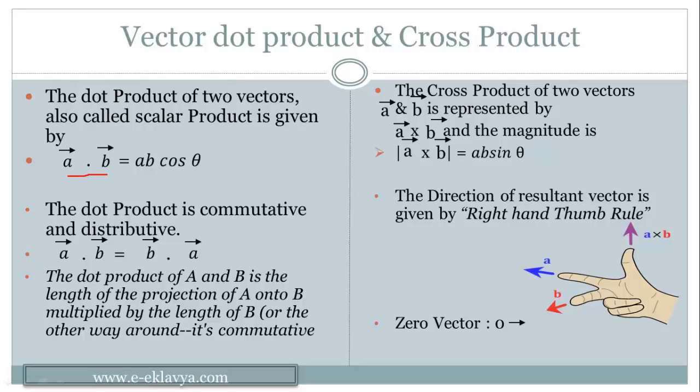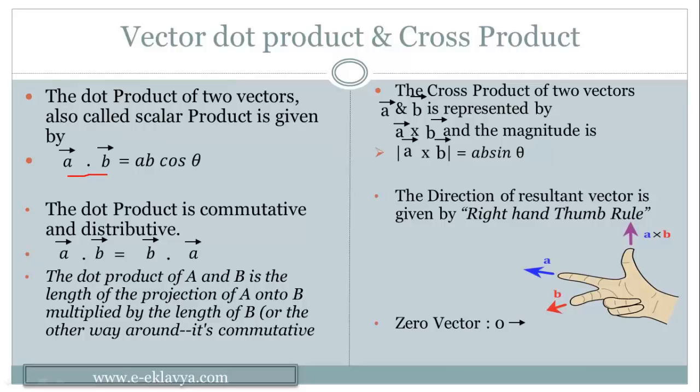Physically it may not be very clear to you right now, but the dot product of A and B is the length of projection of A onto B multiplied by the length of B, or the other way around.